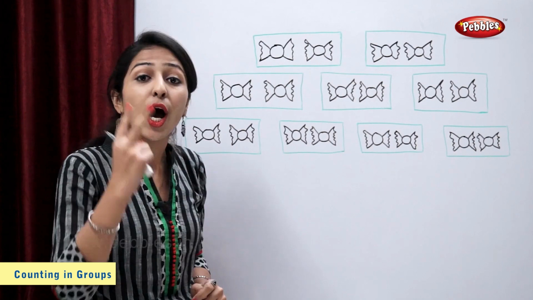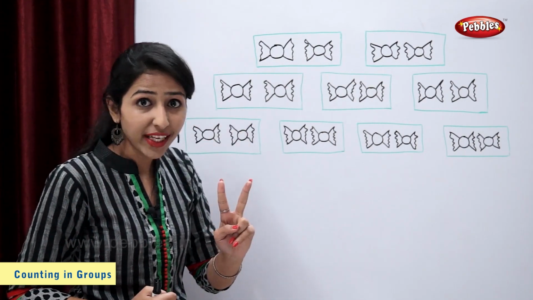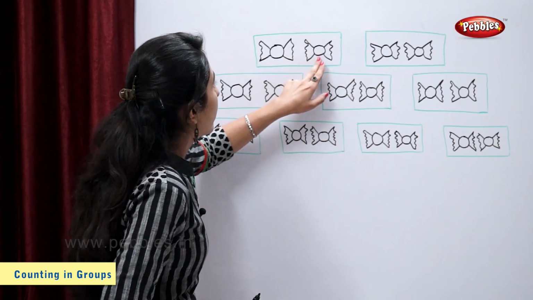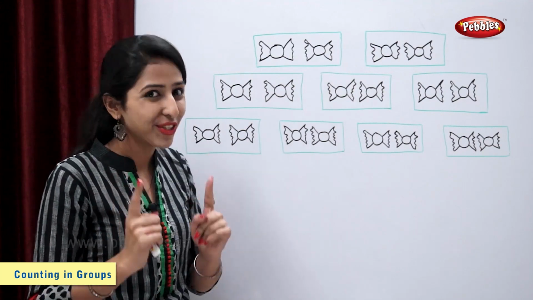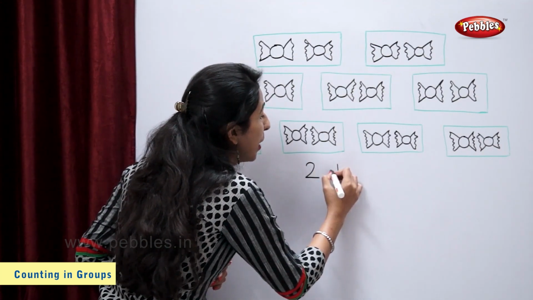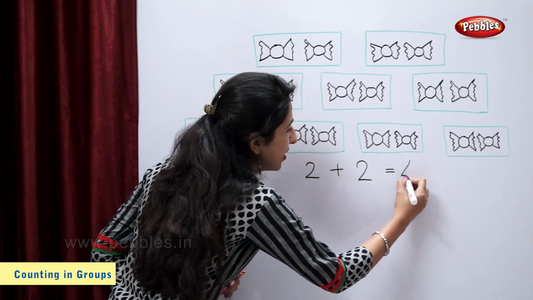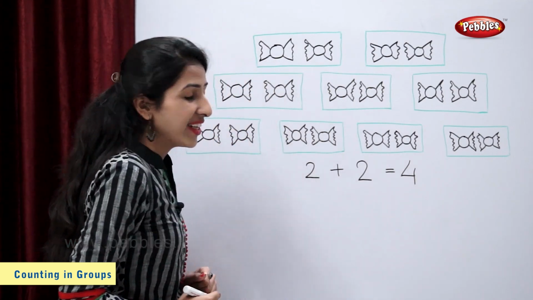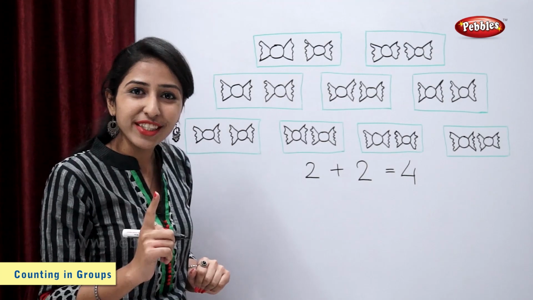So there are 2 pairs in the first row. 2 pairs of 2 chocolates each. So 2 plus 2 is equal to 4. So there are 4 chocolates in the first row.